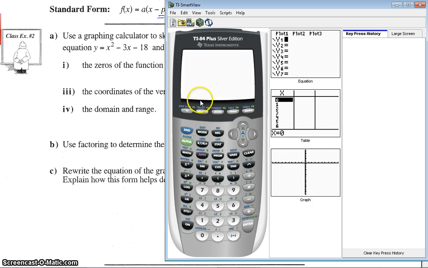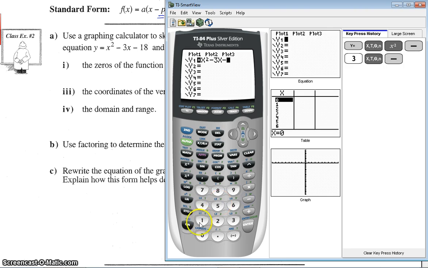We hit Y equals and put in that equation: x squared minus 3x minus 18. Okay, so we've got the equation in there. We're going to try with standard window settings first. We're going to hit graph and see what it looks like, but we may have to adjust.